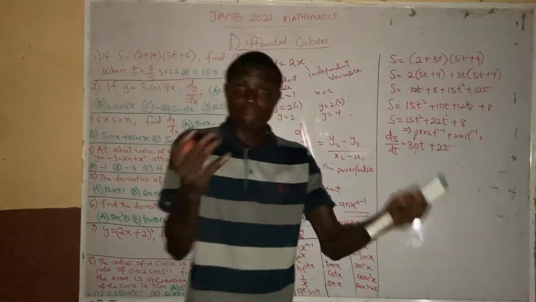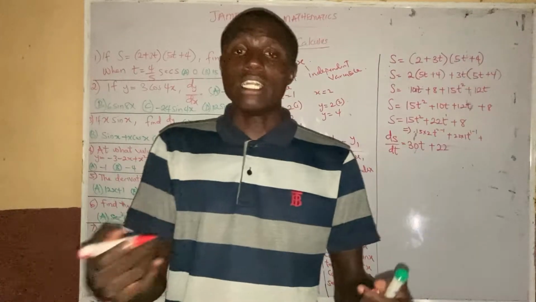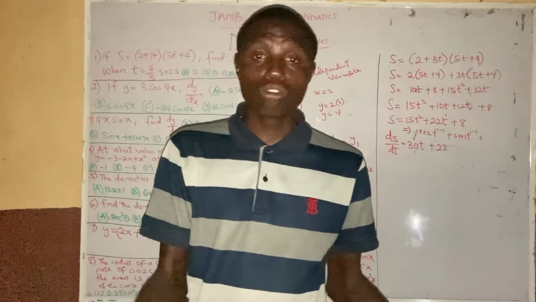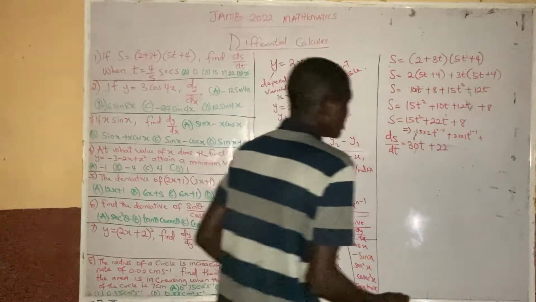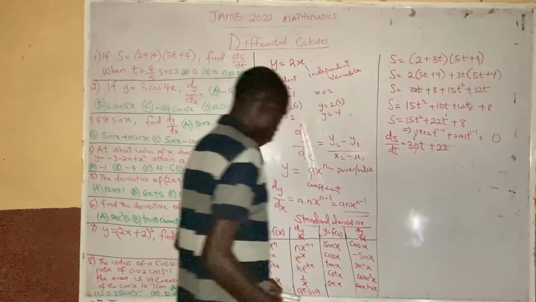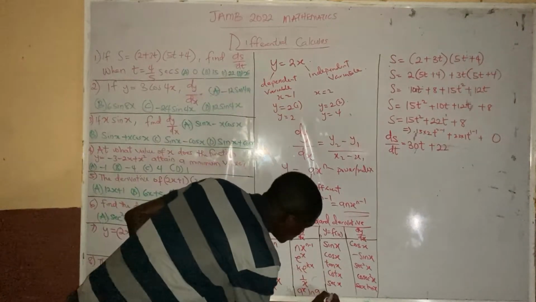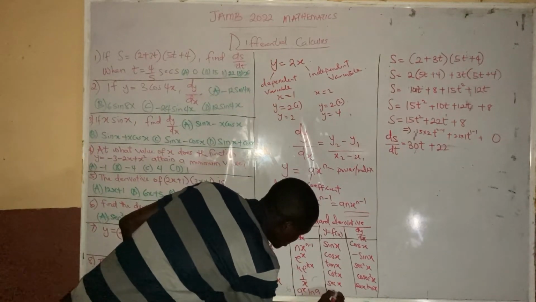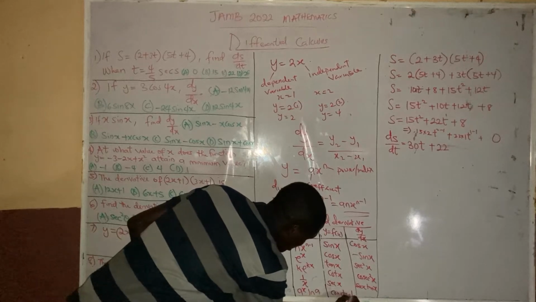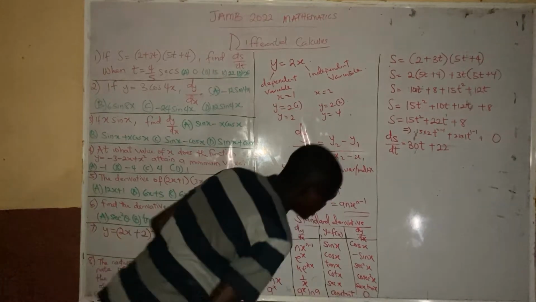A constant is any number, whether it's 1 million, 2 million, or whatever. Its differential will be 0. If the main function is a constant, that is a number, the differential is 0.